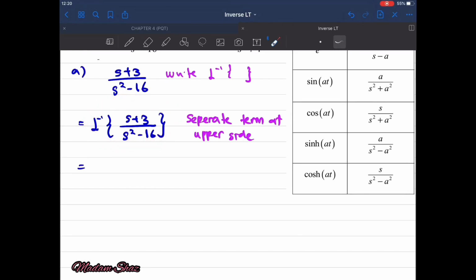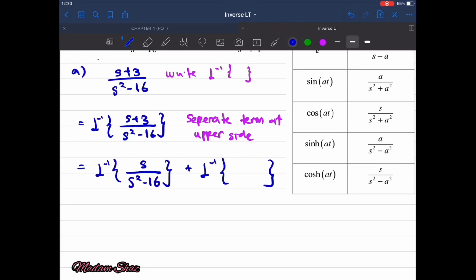Then when we separate the upper side, it will become Laplace inverse of the first term in the curly bracket, plus Laplace inverse of the second term in the curly bracket. The first term will become s over s square minus 16. The second term will become 3 over s square minus 16.